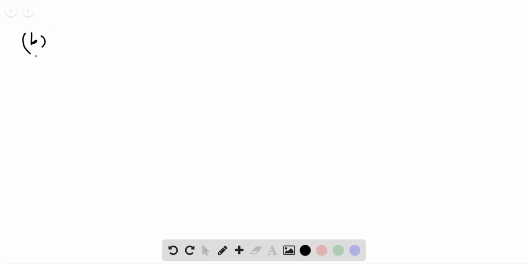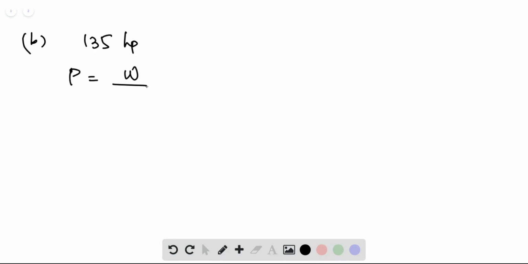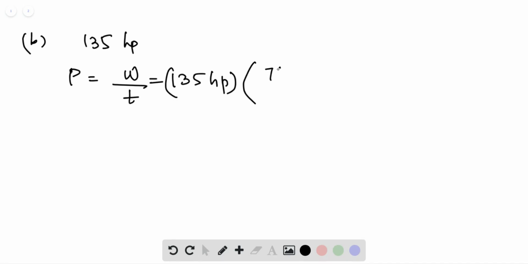And then for the second part, we take the stated 135 HP as the useful power obtained from the engine. So power is equal to W over t, and that's equal to 135 HP times 746 watt per HP.